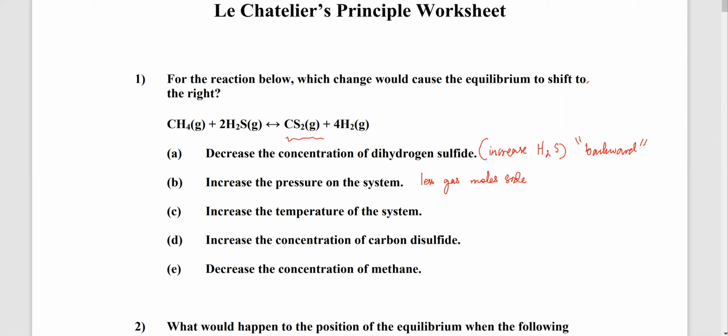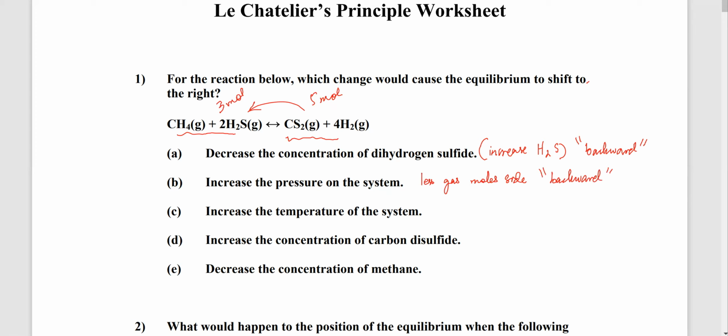Over here I have a total of 5 moles of gas. On the left side I have 1 molecule of CH4, 2 molecules of H2S. So that's 3 moles. So which side is the less gas mole side? It's going to be the backward reaction again. So again, not the correct answer.